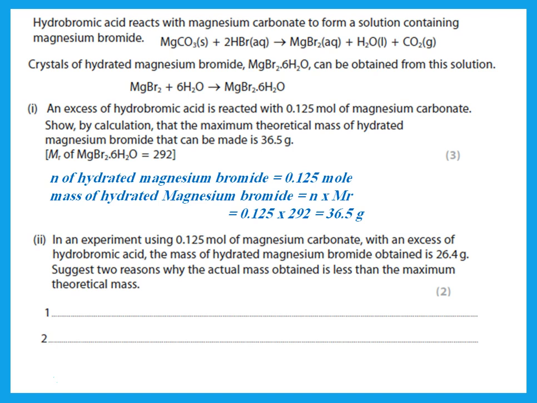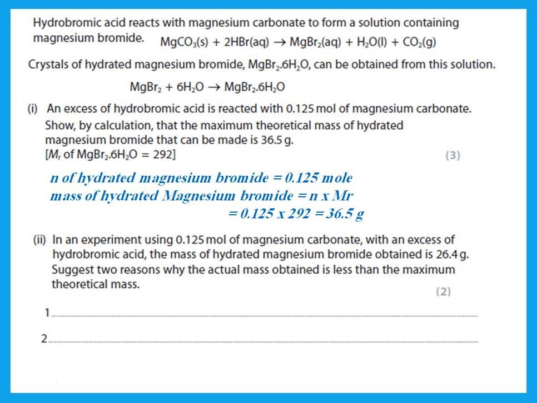So just 2 reasons why the actual mass obtained is less than the theoretical mass. We said always when we do an experiment in the lab, so if I'm trying to prepare these crystals in the lab, I'm supposed to get 36.5, but I will always get less. So here, for example, he got only 26.